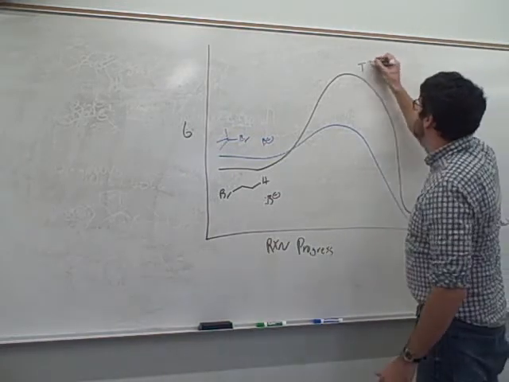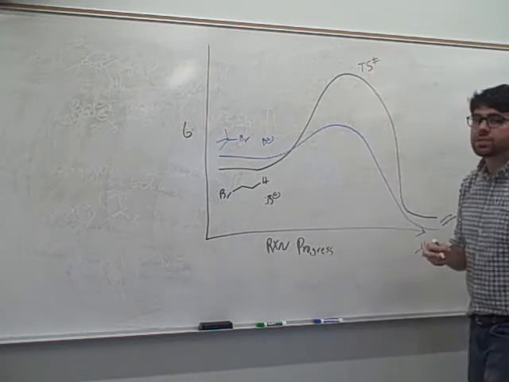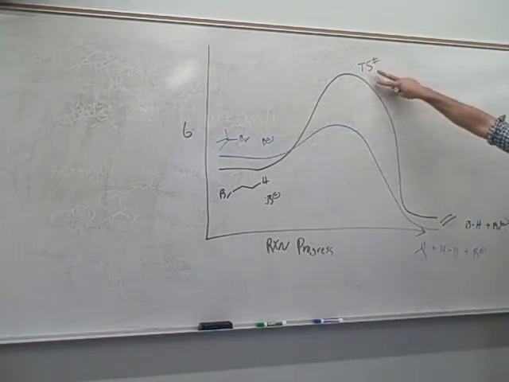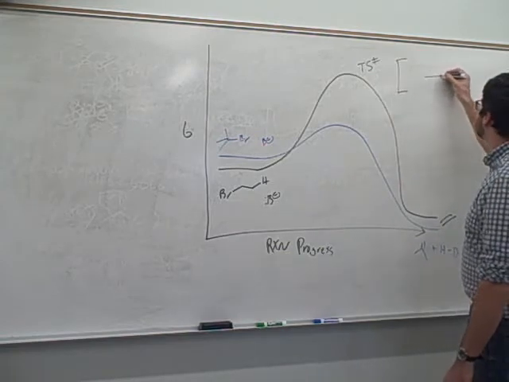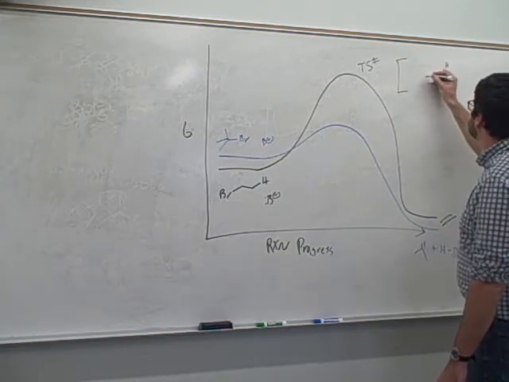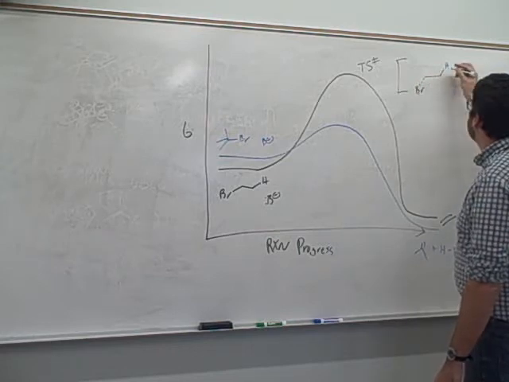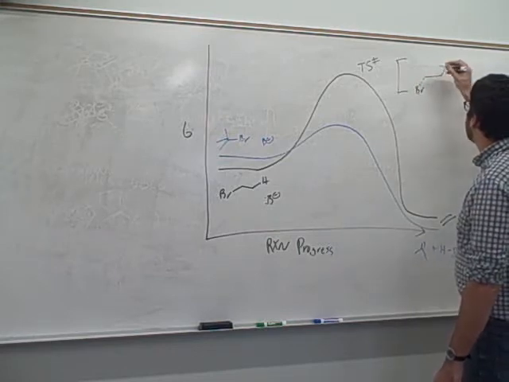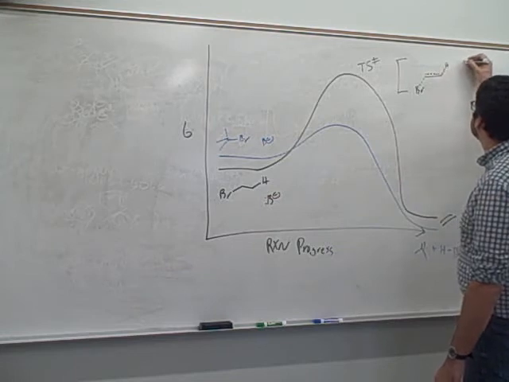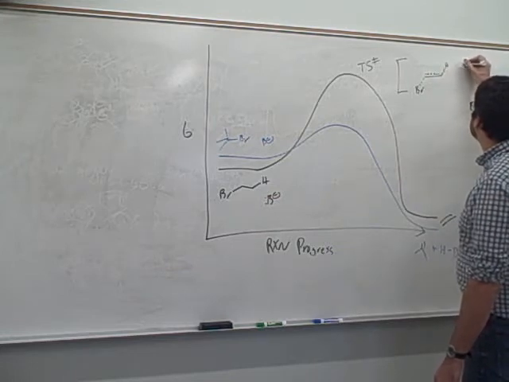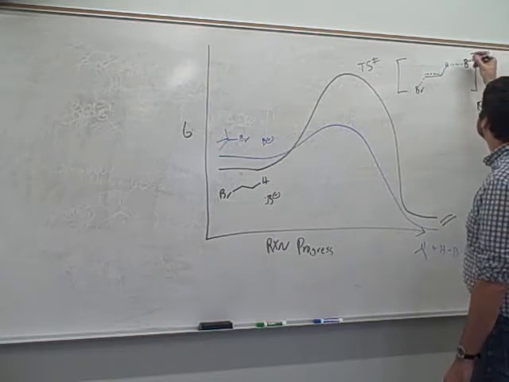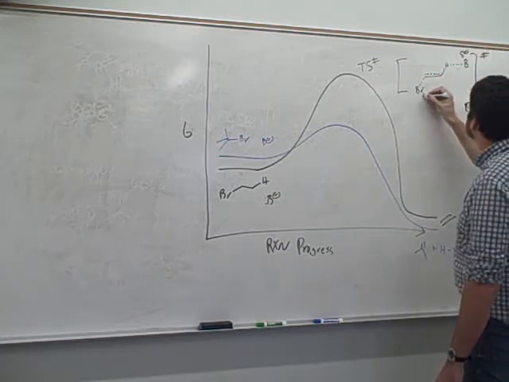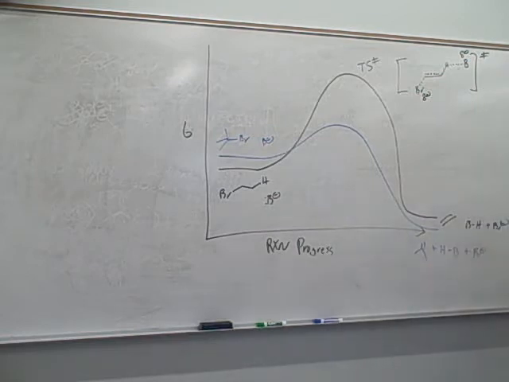And so TS, we'll do this in black so that we're able to differentiate between the black line and the blue line here. So our transition state, we've partially broken our carbon-bromine bond. And we're partially forming an alkene.